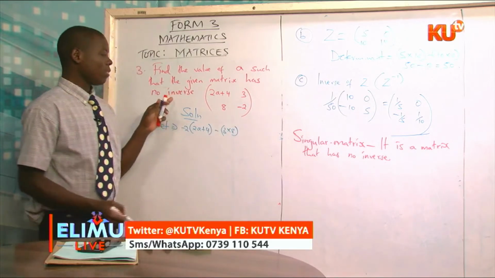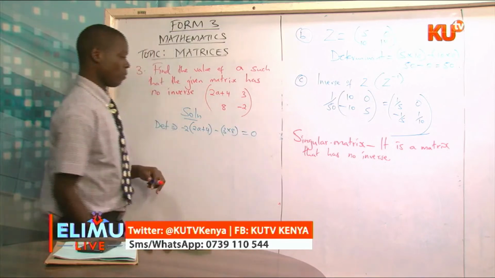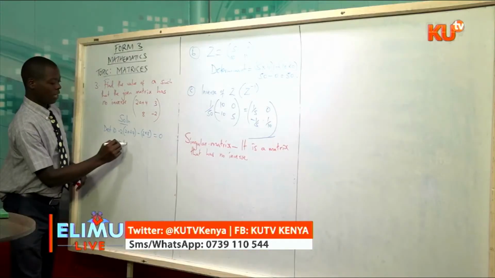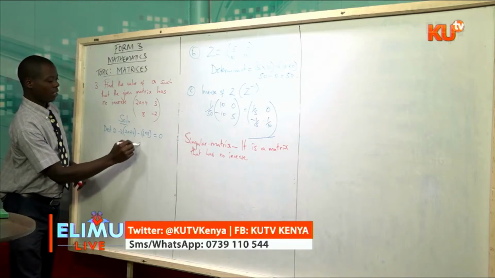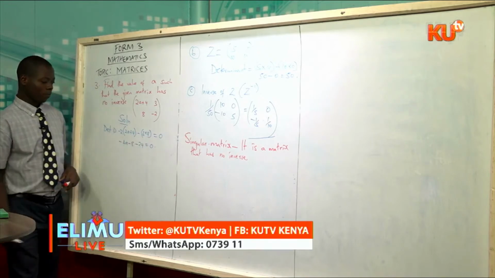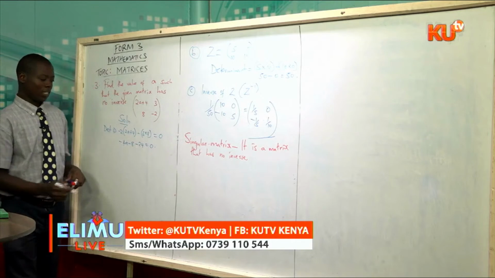And because this matrix has no inverse, this determinant will be equal to 0. So we expand: negative 4a, negative 8, minus 24 is equal to 0. Minus 8 minus 24, that is minus 32.